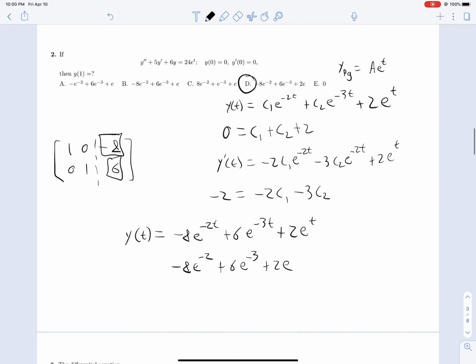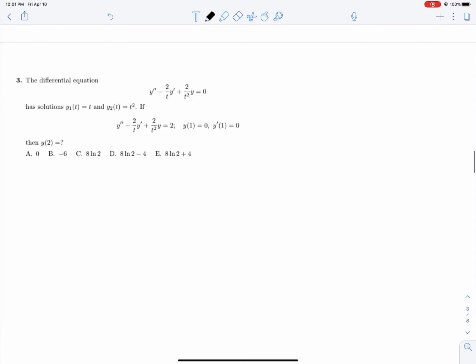Okay. Moving on, 3. We have a differential equation here with 2 fundamental solutions, and we are trying to find y of 2.